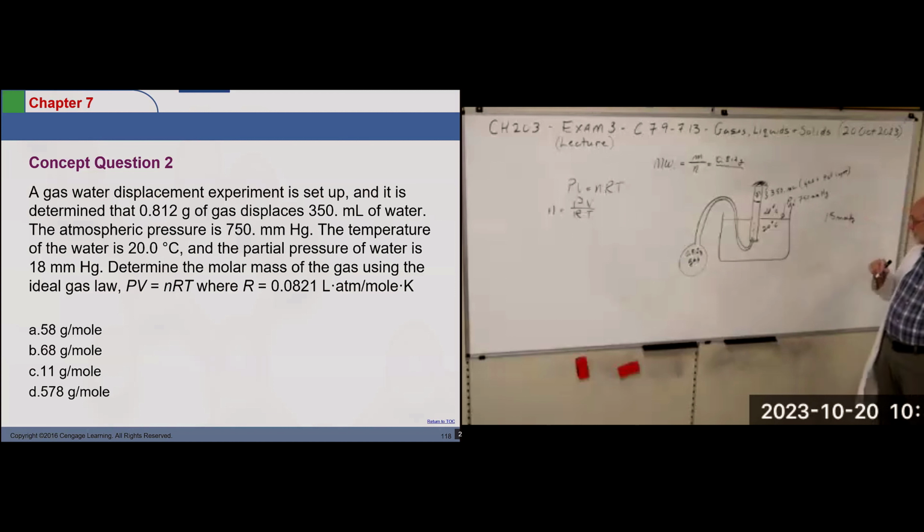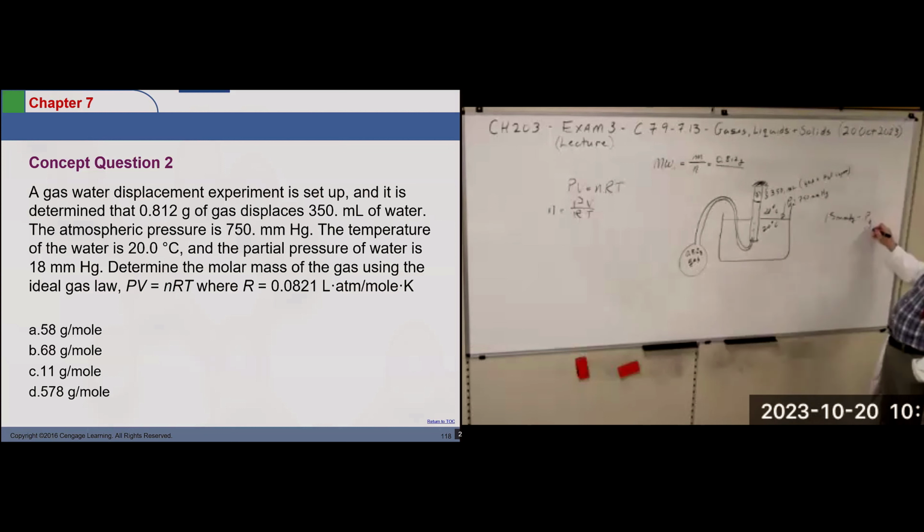Okay. So which law are we going to use here? Dalton's law of partial pressures. That total pressure is due to the pressure of the gas plus the pressure of the water vapor. Well, we know the pressure of the water vapor is 18.